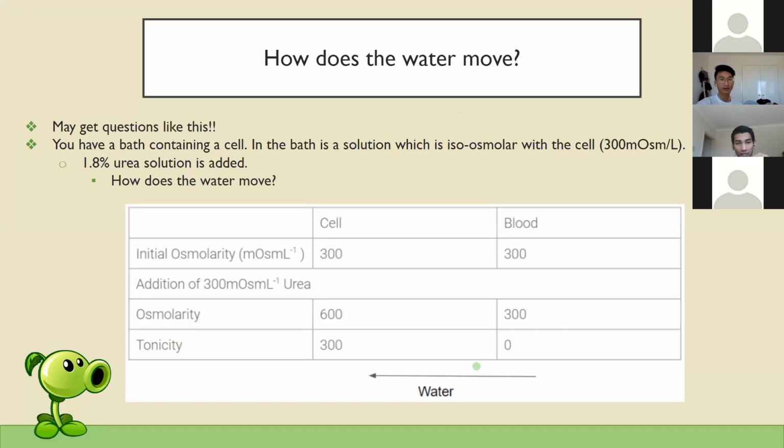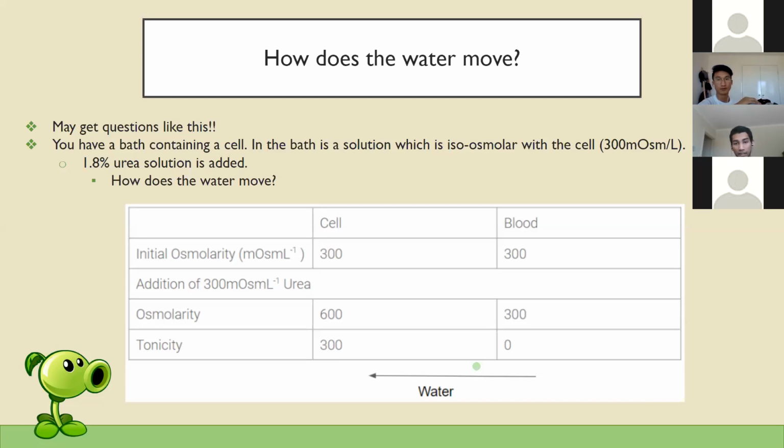Then you add 300 milliosmoles of urea, since 1.8% urea is 300 milliosmoles as well. So the osmolarity inside the cell becomes 600, because urea is diffusible, so it can pass through the cell membrane. It goes in and equalizes through diffusion. The change to the bloodstream is just taken as negligible.